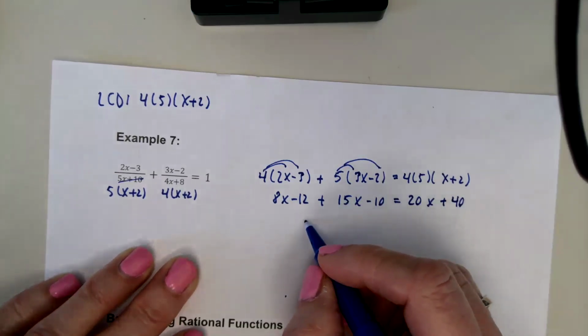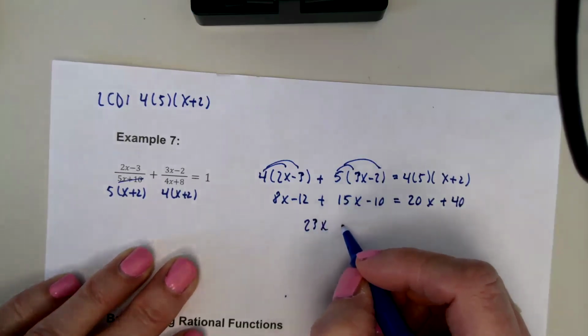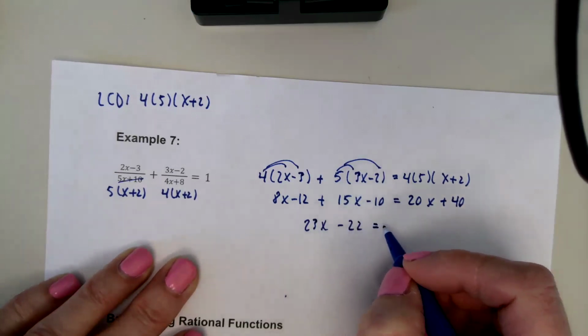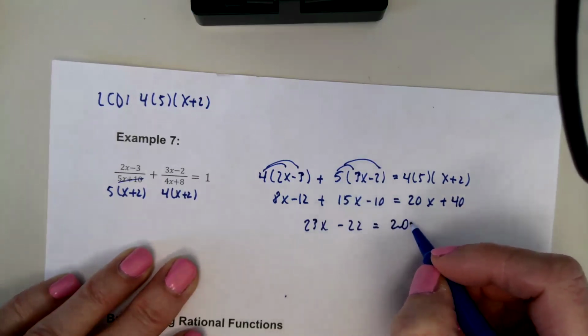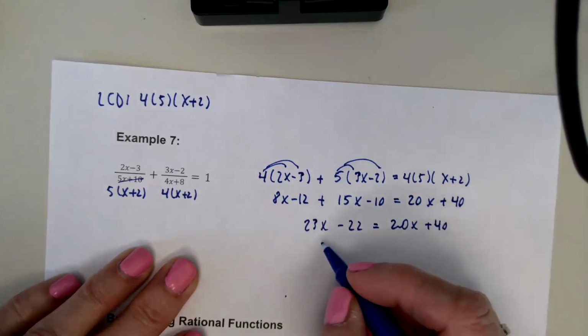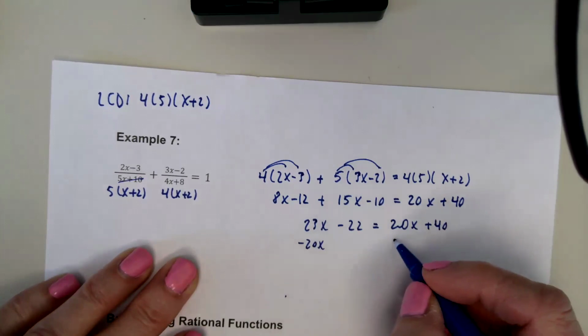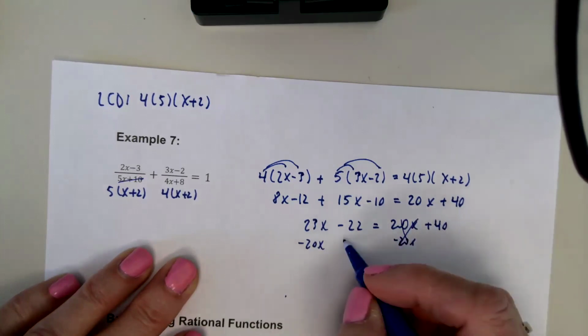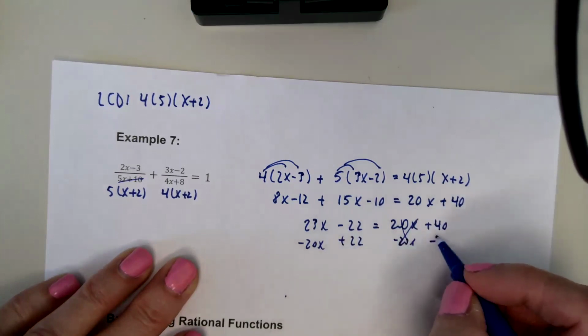Combining like terms, we have 23x minus 22 equals 20x plus 40. So I'm going to subtract 20x and then add 22.